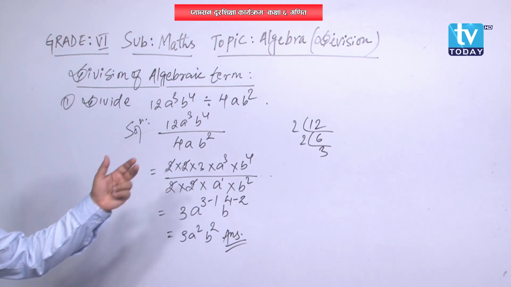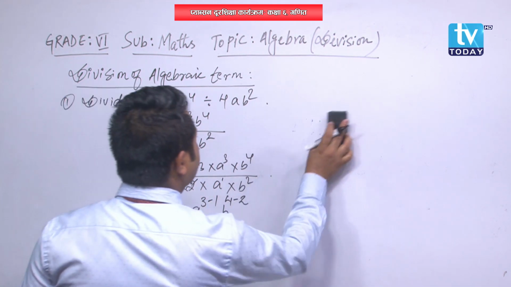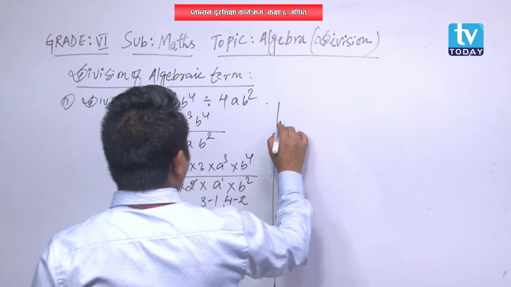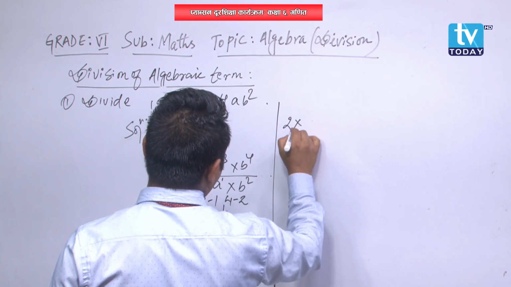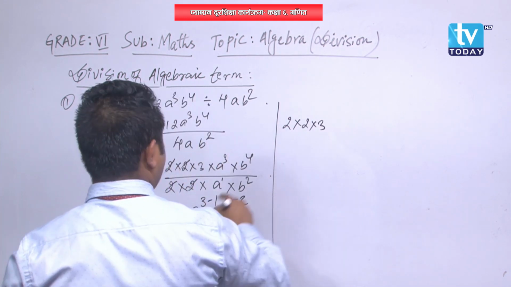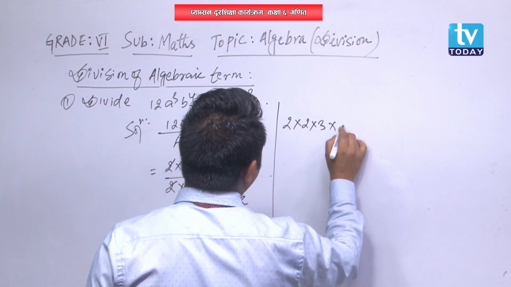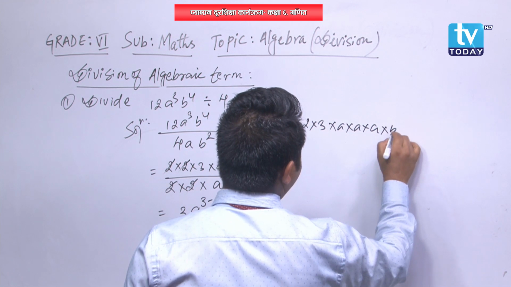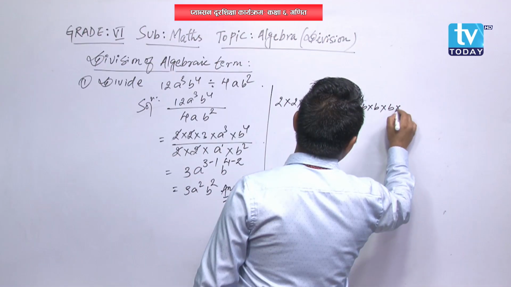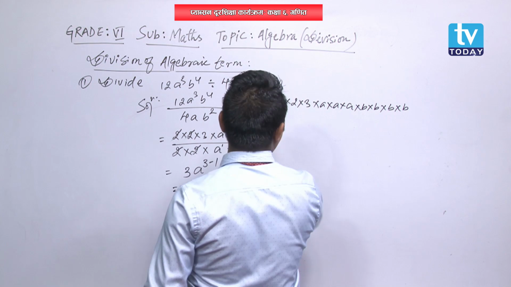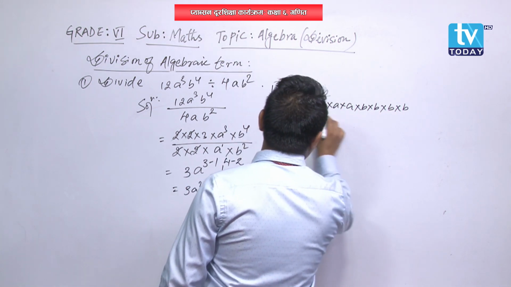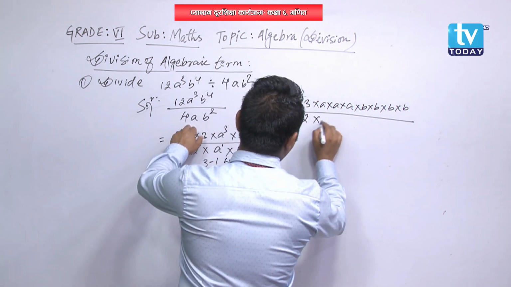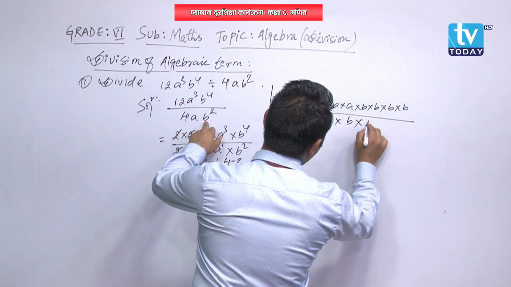Otherwise you can solve the same question another way also. Please check the alternative method. Find the factors of 12: 3. a cube means a into a into a, b to the power 4 means b into b into b into b, and 4 is 2 into 2 into a into b into b.